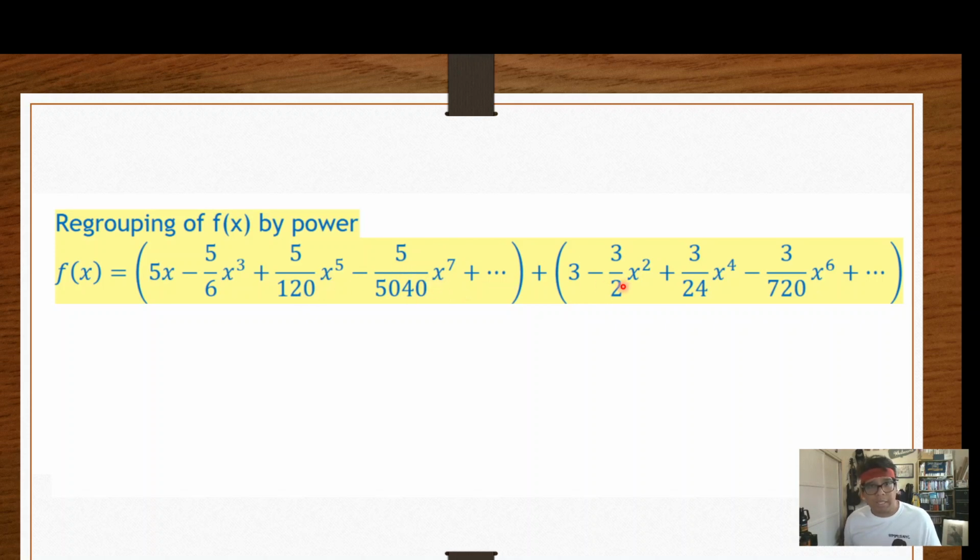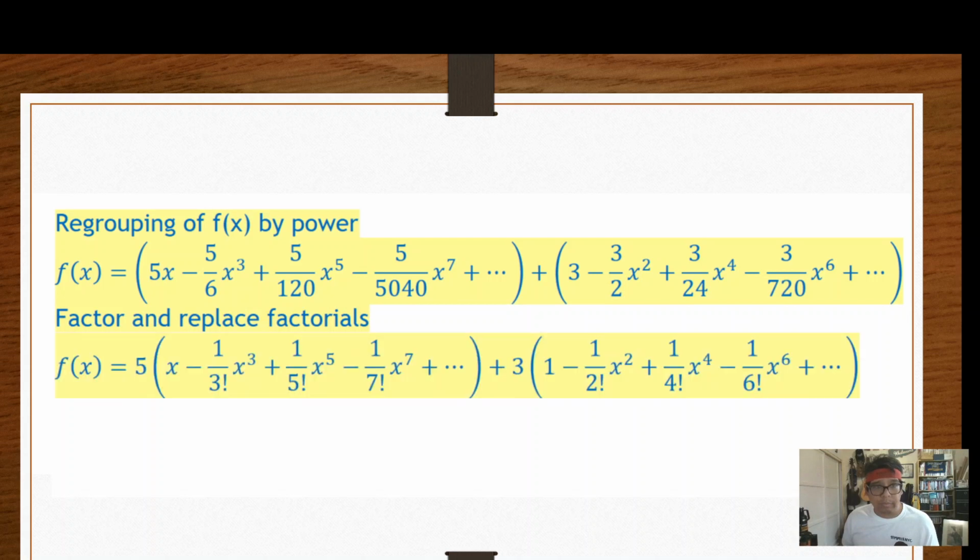Same thing over here: 0 factorial is 1, 2 factorial is 2, 4 factorial is 24, 6 factorial is 720. So when you substitute in those factorials and factor out the common factor, you get this expression. And doesn't that look familiar?